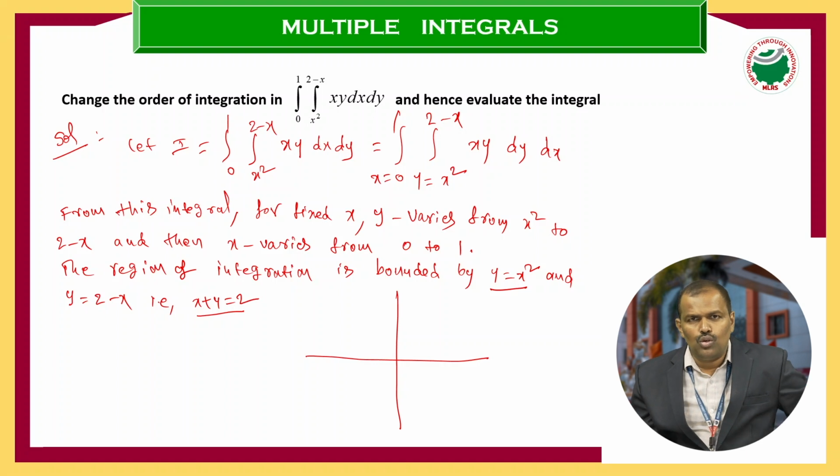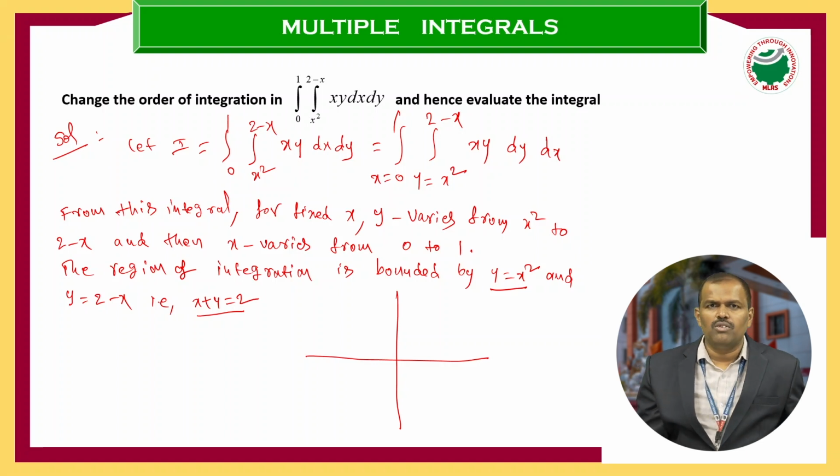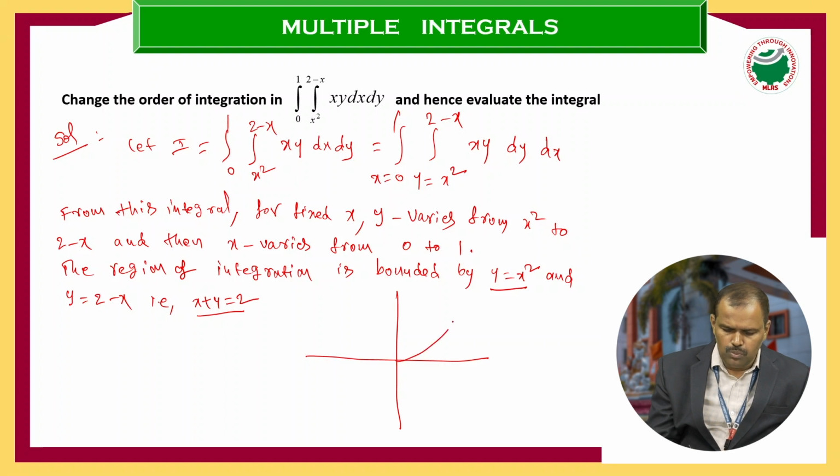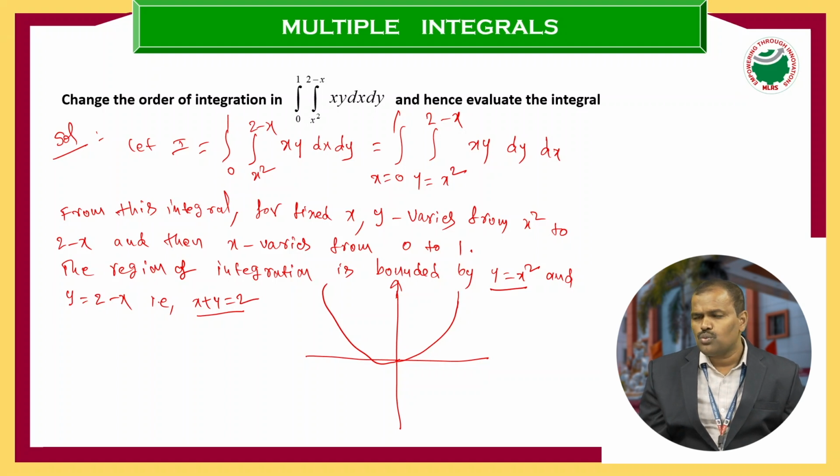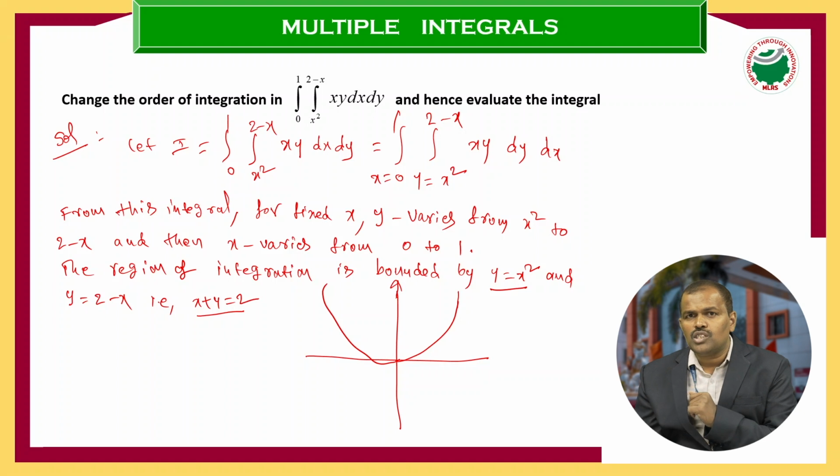x square is equal to y, with x in even powers, means we have to draw the parabola in the y direction, that means vertical. This is x square is equal to y. Then the line: x plus y is equal to 2, the line joining the points 0, 2 and 2, 0.